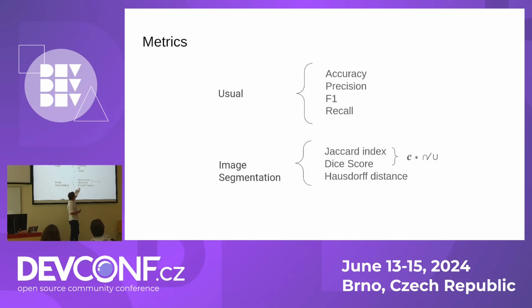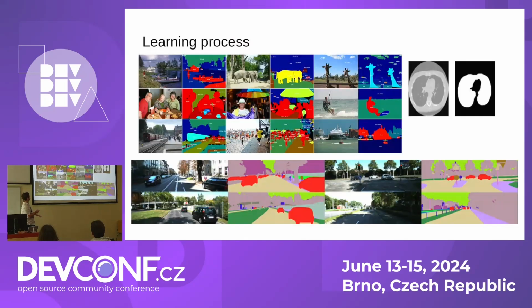The Jaccard index and the Dice score have the same equation. Both are a type of intersection over union. Intersection over union of the images produced by our model, and the image we have as ground truth, the preview mask we have here. So in fact, what we want is to compare this mask with the mask generated by our model.